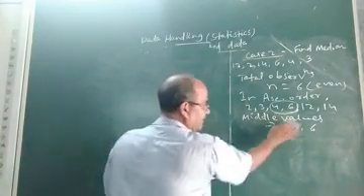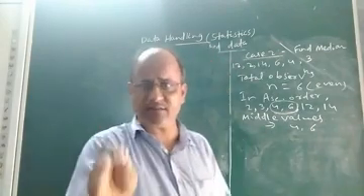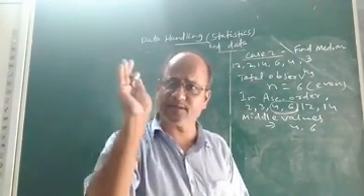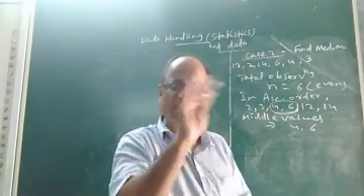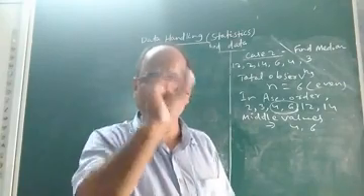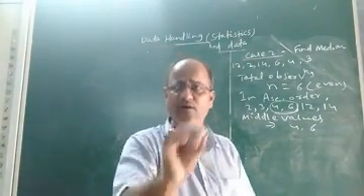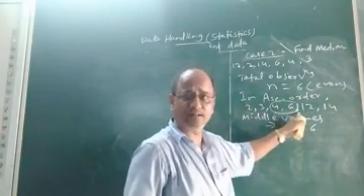Children, once again I am saying, please remember that in a distribution, if the total number of observations is even, it will have 2 middle values. That means below and above those 2 middle values, 50% of scores will lie. So first it is your duty to locate those 2 middle values.